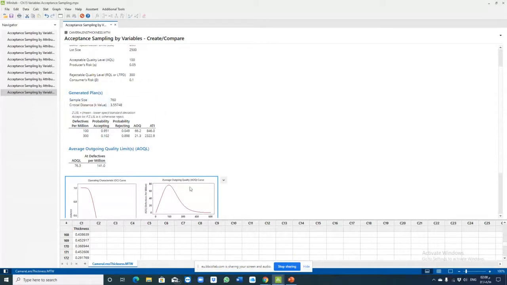We will see another example of this criteria, which is different from the sample size and number of defectives, because we have variable data, not attribute data. When we deal with variable data, the specification of the dimensions will matter, and that's why the criteria for making decisions will be different.